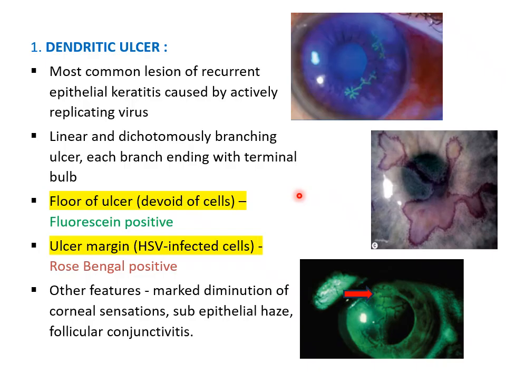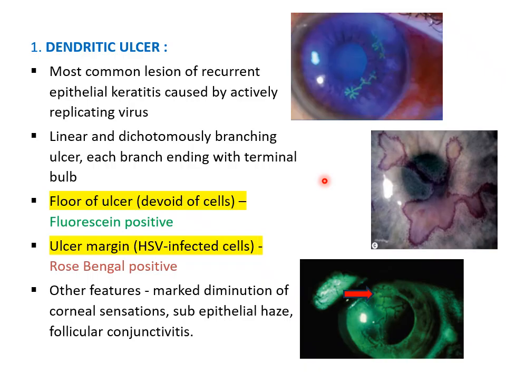And remember, infected epithelial cells or diseased epithelial cells stain positively with rose bengal. So a dendritic ulcer floor would stain with fluorescein, whereas margin would stain with rose bengal. So now you know the principle underlying the stain. You will remember what stains what structure as we proceed through the lecture.